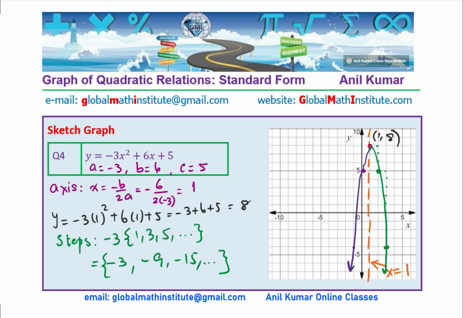So we are in a position to sketch a parabola from standard form by noting that the c value, the constant, is the y-intercept, axis is minus b by 2a. A gives us the steps for sketching the parabola. Perfect. So I hope you got complete concept of how do we sketch a parabola.